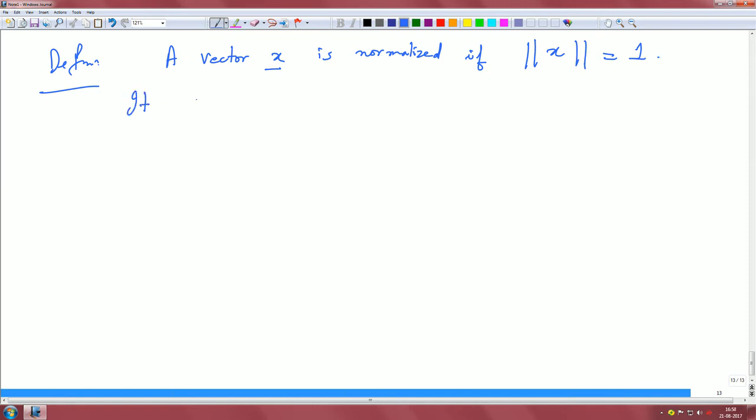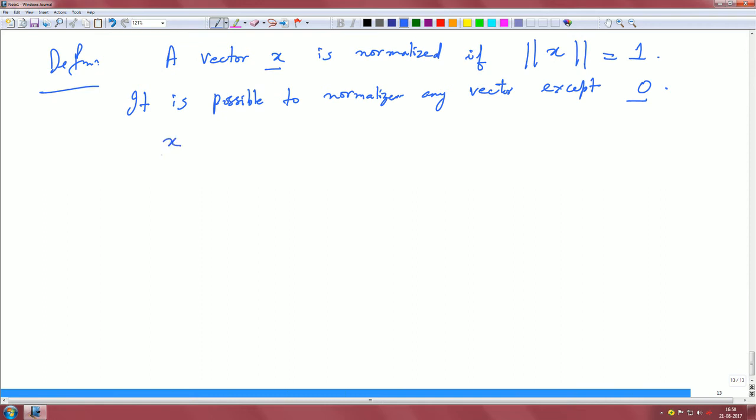It is trivial to say that it is possible to normalize any vector except the 0 vector, because you can't normalize the 0 vector, you can't divide by 0, right.